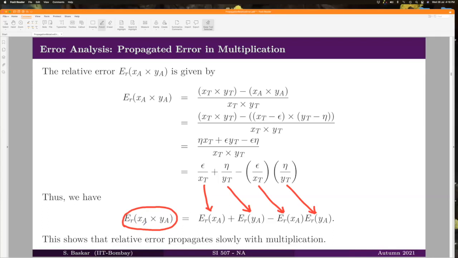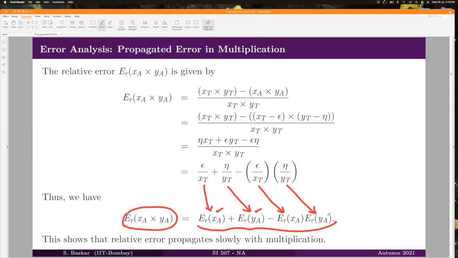So you can see that the relative error in xa into ya, that is the product of the two numbers, when compared to the product of the true values, is going to be given like this. So if you have a small relative error in x variable and a small relative error in y variable, then the multiplication is going to amplify your error rather in the way that it is the sum of the relative errors, right?